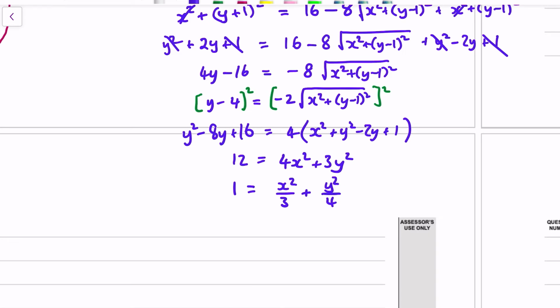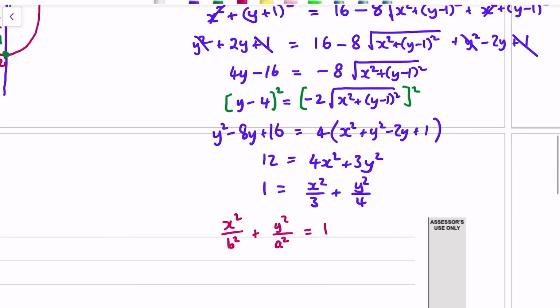Now, this equation is written in the format x squared over b squared plus y squared over a squared equals 1. It just so happens that I chose a to be 2, so a squared is 4, which relates to the major axis.